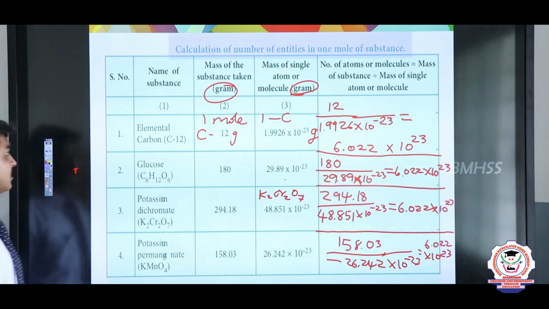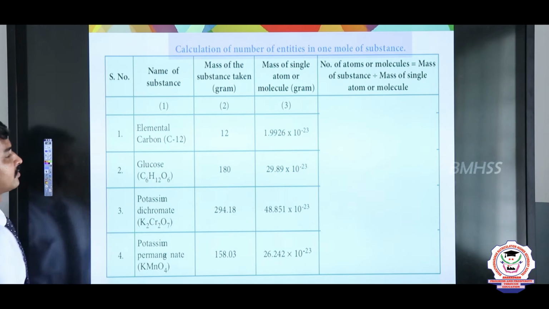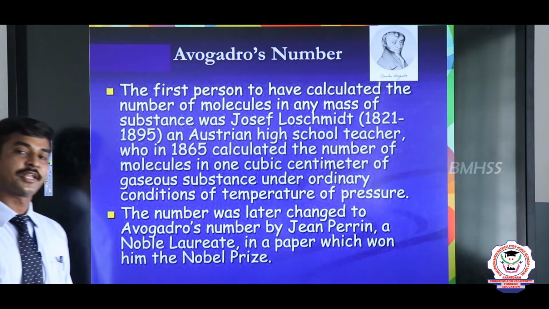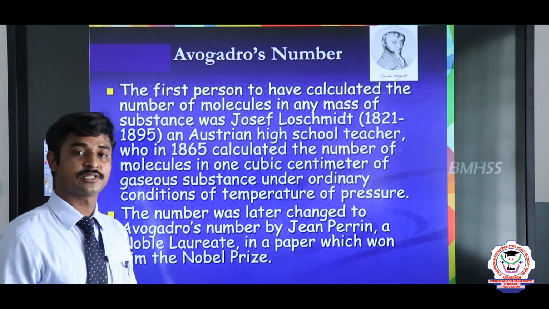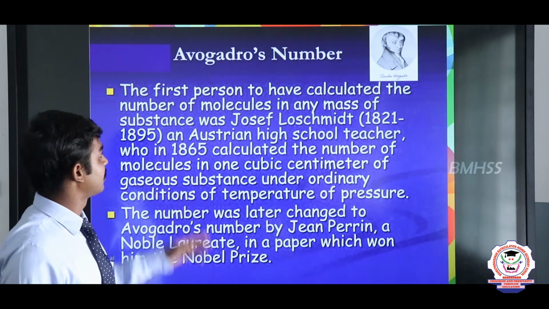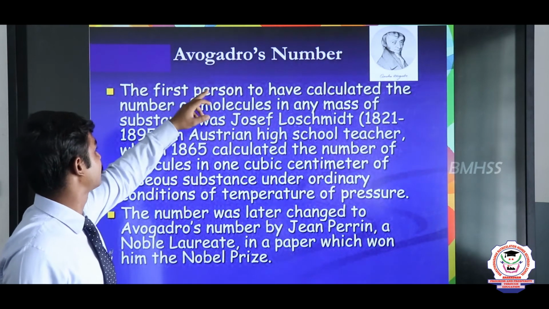Okay. So, from this we can conclude that every mole must contain 6.02 into 10 to the power 23 particles. This concept is given by Avogadro, and the Avogadro number is 6.022 into 10 to the power 23.